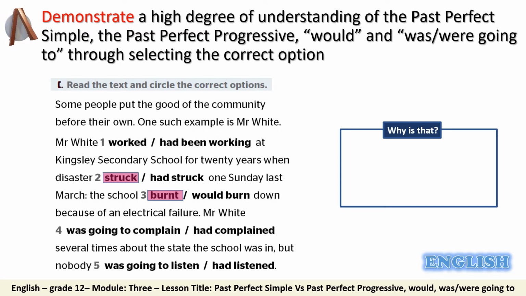Now for our last objective, we will do activity C in your student's book, page 47. For presentational reasons, this activity has been divided into 3 slides. As for you, you will do the whole activity.